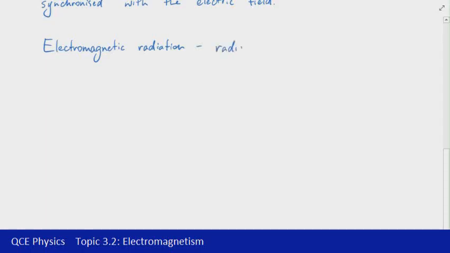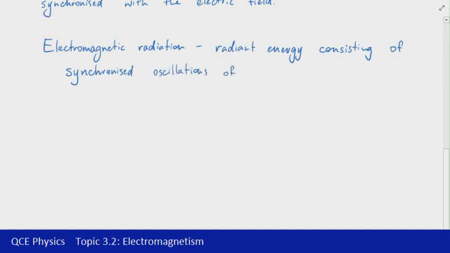The first is that it's radiant energy and consists of, as we said, the electric and magnetic fields. And the wording that the definition uses is that they're synchronized, and the orientation of those electric and magnetic fields is also important.